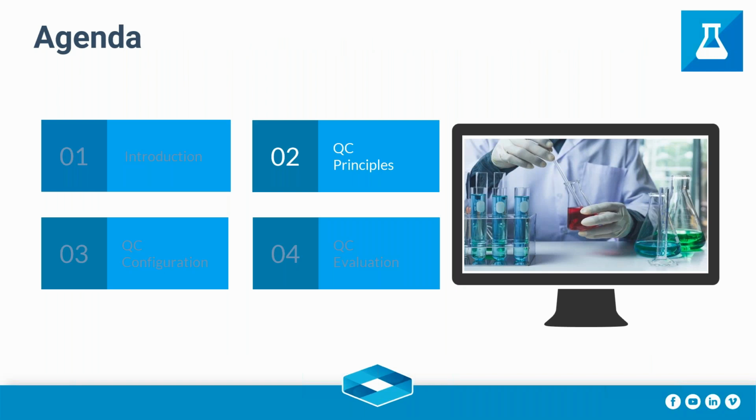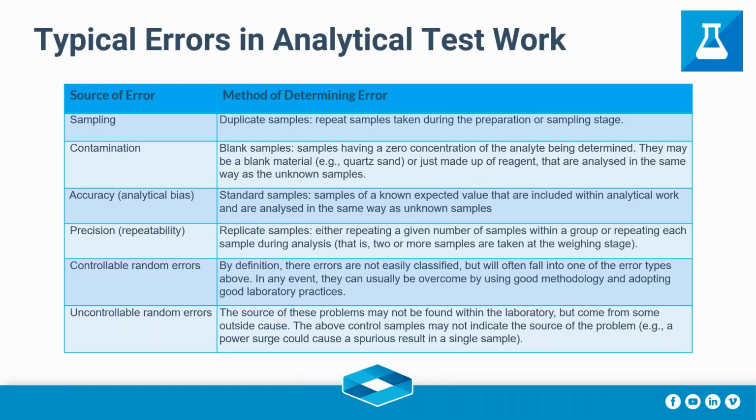All right, let's look at a few principles surrounding quality control. When we go through the process of doing analytical test work, unavoidably, we encounter errors from time to time, which include sampling error, contamination, problems with accuracy, and likewise problems with precision.